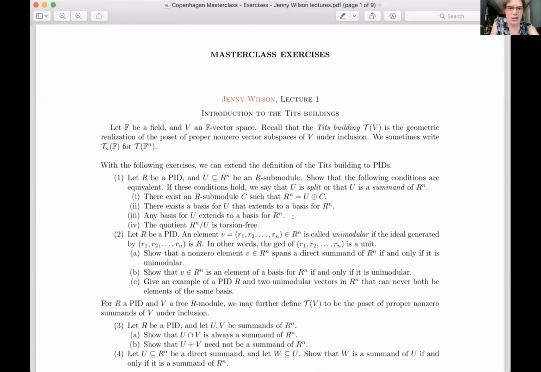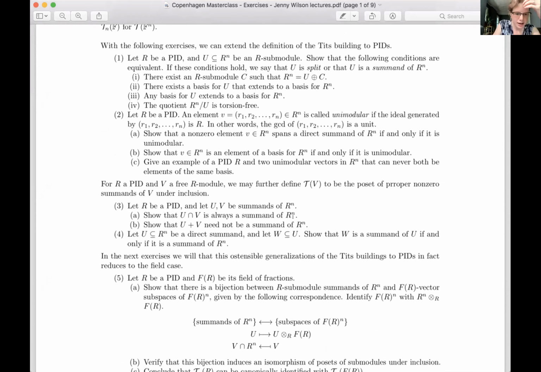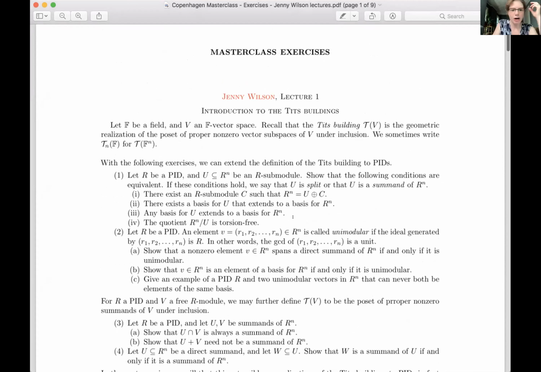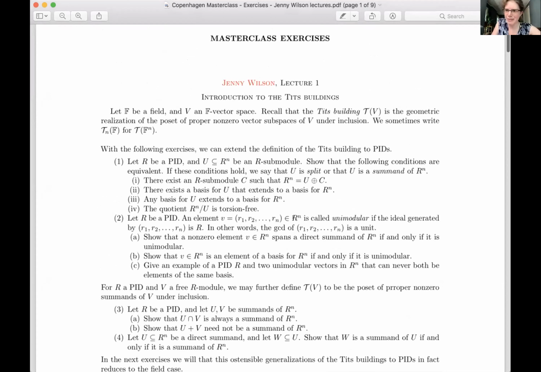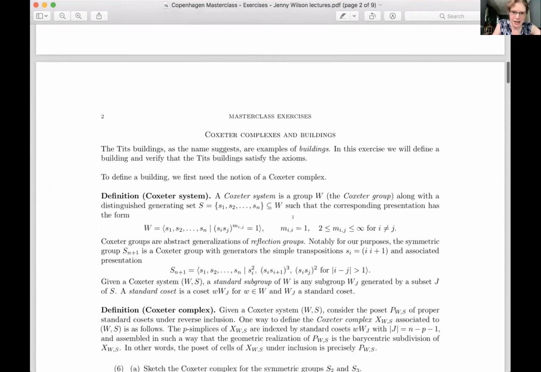Oh yeah, great. So the exercises in here fell into a few subcategories. The first section is, I guess, some warm-up exercises on the nature of summands of R to the n, where R is a PID. Those are good exercises.